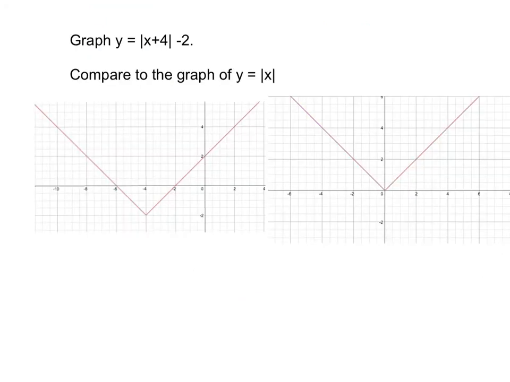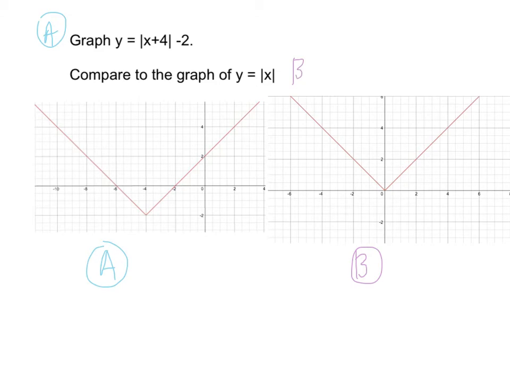So we're told to graph y equals the absolute value of x plus 4 minus 2, and then compare it to the graph of y equals the absolute value of x, or the parent graph. So this one here on the left is the graph of y equals the absolute value of x plus 4 minus 2, and the one on the right is the parent graph.